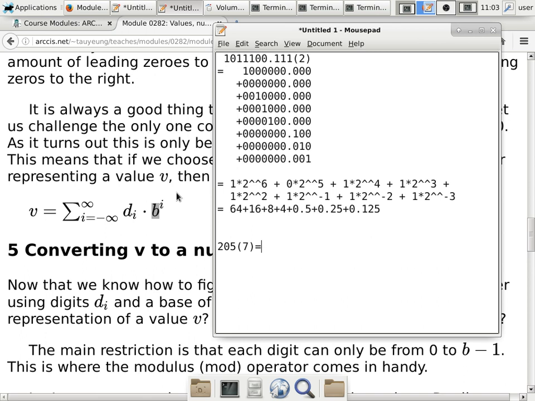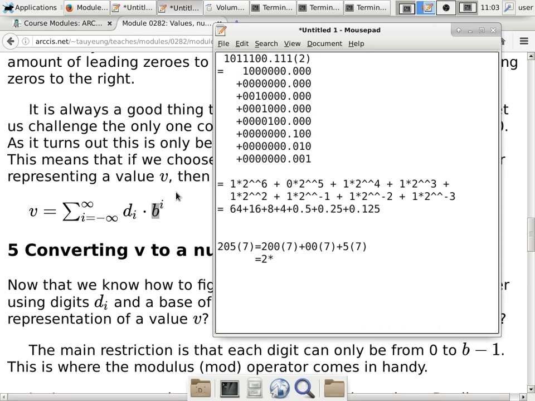Okay, so base 7. So we break this up into 200 in base 7 plus 00 in base 7 plus 5 in base 7. We break it up based on the digits first. So 200 in base 7 means we got 2 of the following power of 7. What power of 7 are we dealing with? By counting the number of zeros. 2 zeros, right?